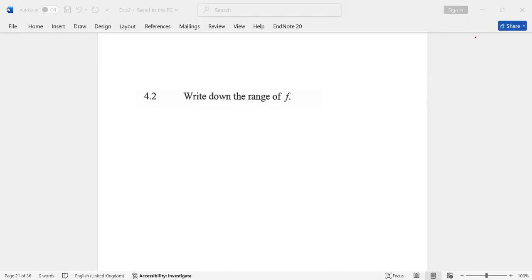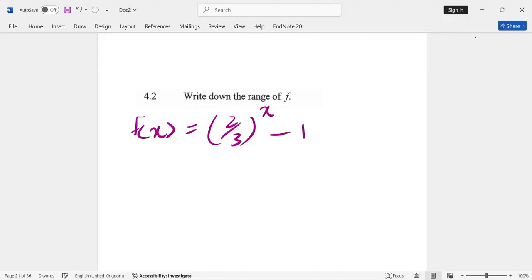Now taking question 4.2, write down the range of f. Okay, so the function f of x equals 2 by 3 power of x minus 1.